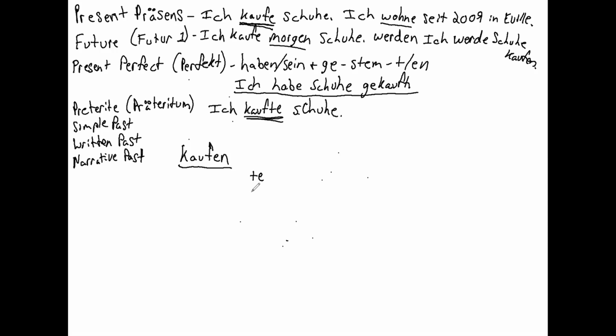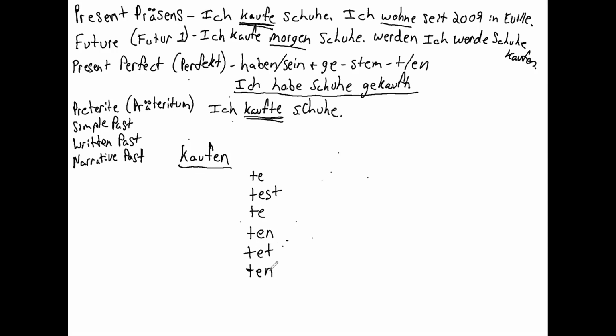So we would have -te, -test, -te, -ten, -tet, -ten. So these are the endings that you would associate with ich, du, er, sie, es, wir, ihr, sie.